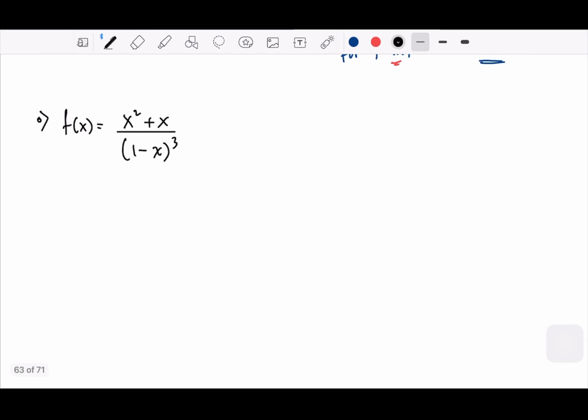Okay, if you remember that we have 1 over (1 minus x) squared, this we get from the derivative of our 1 over 1 minus x, right?